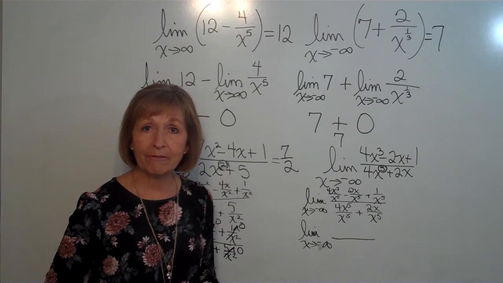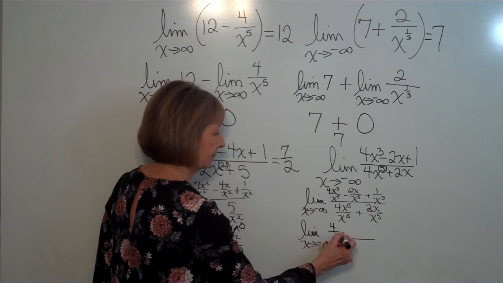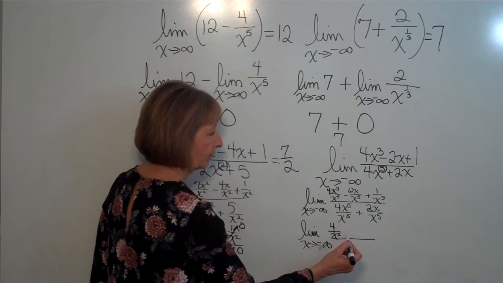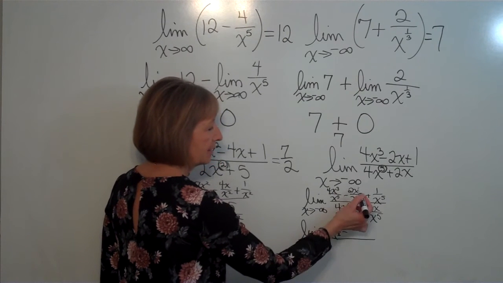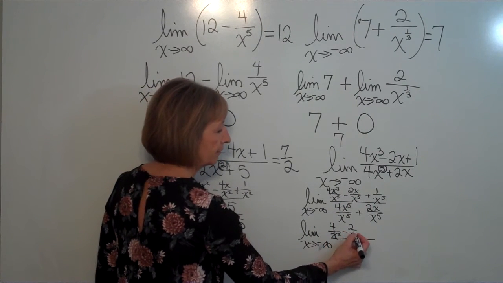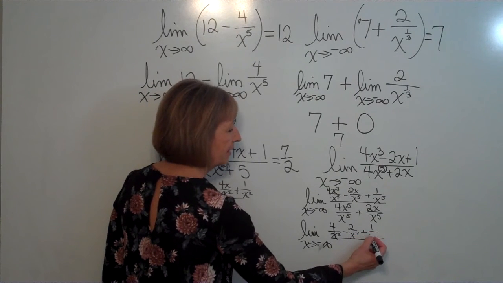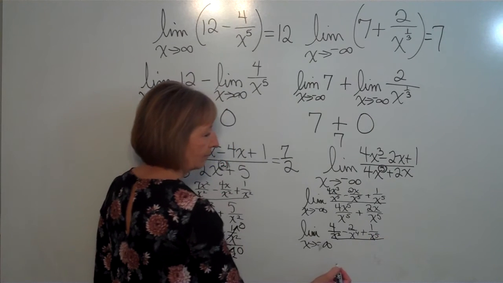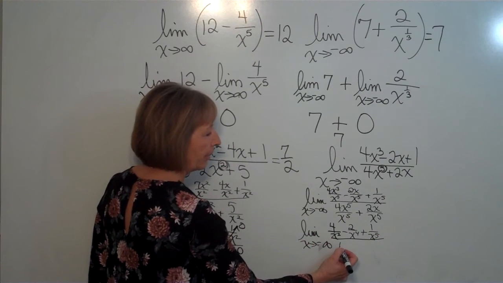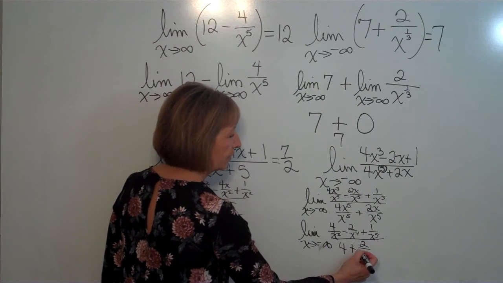So when I simplify that fraction, I get 4 over x squared. And then minus, simplifying 2x over x to the 5th is 2 over x to the 4th. Then plus my 1 over x to the 5th. Then in the denominator I have 4, and then plus 2 over x to the 4th.